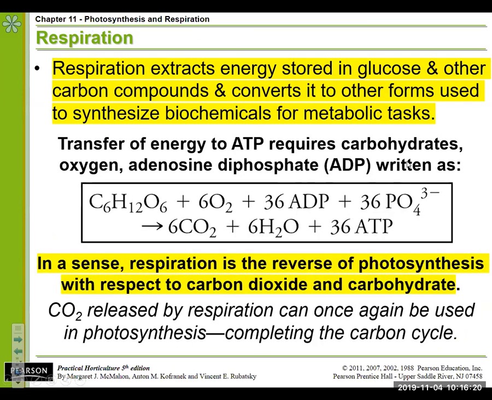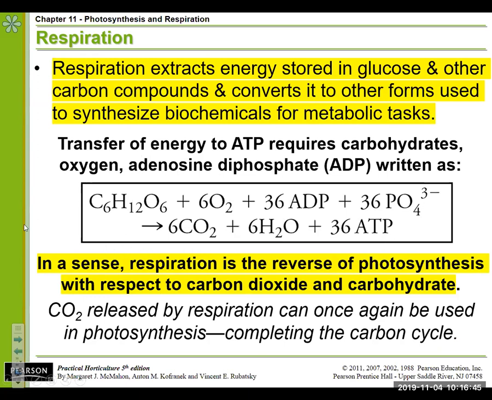And that could look something like this, where we're transferring the energy of ATP and the ADP. So it's basically glucose plus oxygen plus ADP plus the phosphorylated molecules to give carbon dioxide, water, and then ATP, the energy itself.